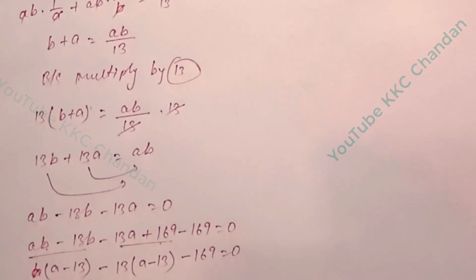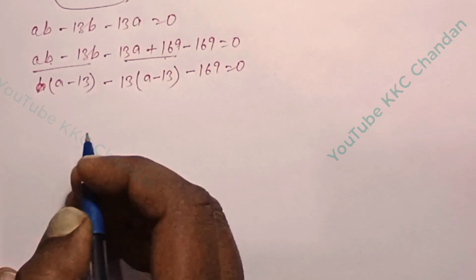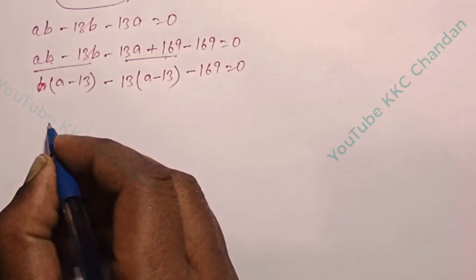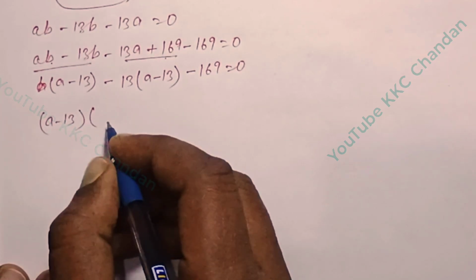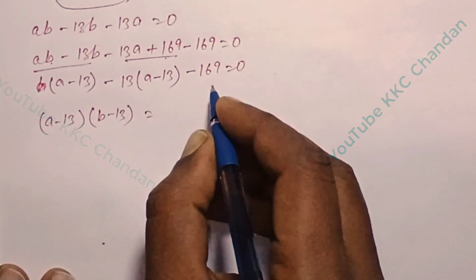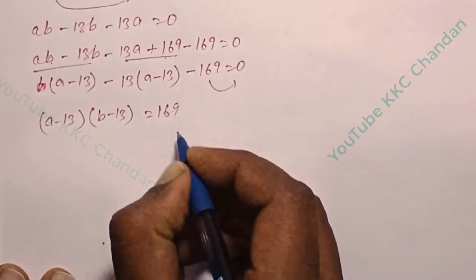After the next step, left is a minus 13 into b minus 13 bracket close is equal to, this comes to this side, positive 169.